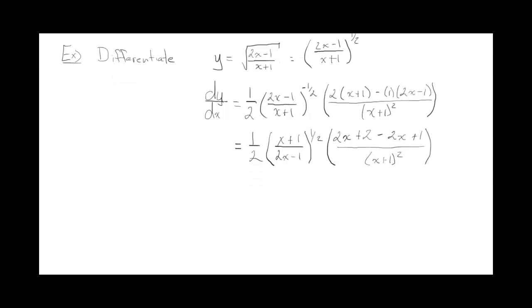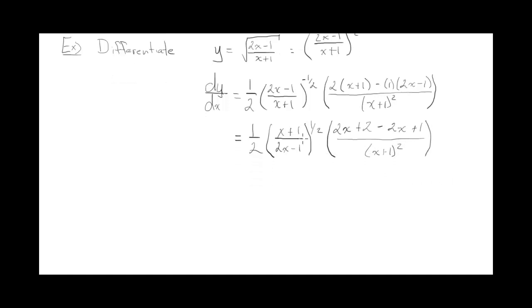All right, now one thing, notice the numerator here and the denominator here are the same. So let's just write it like this: x plus 1 to the power of 1/2 and 2x minus 1 to the power of 1/2.